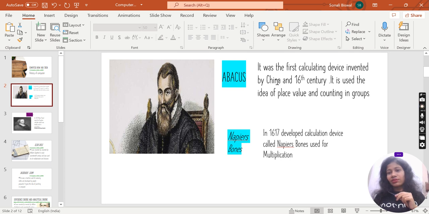So the first computer gave us only the idea of place value and counting in groups, while the second, Napier's bones, was used for multiplication.